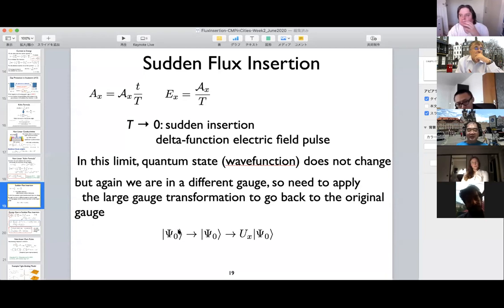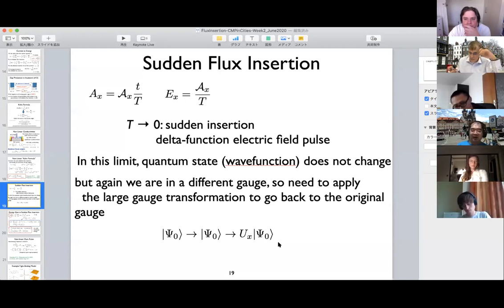So the initial state was the ground state, and by suddenly switching on the flux, the wave function remains in the same state, but in a different gauge. So you apply the large gauge transformation to the original ground state. Then this is the post-quench state after inserting the flux instantly, then doing the gauge transformation.